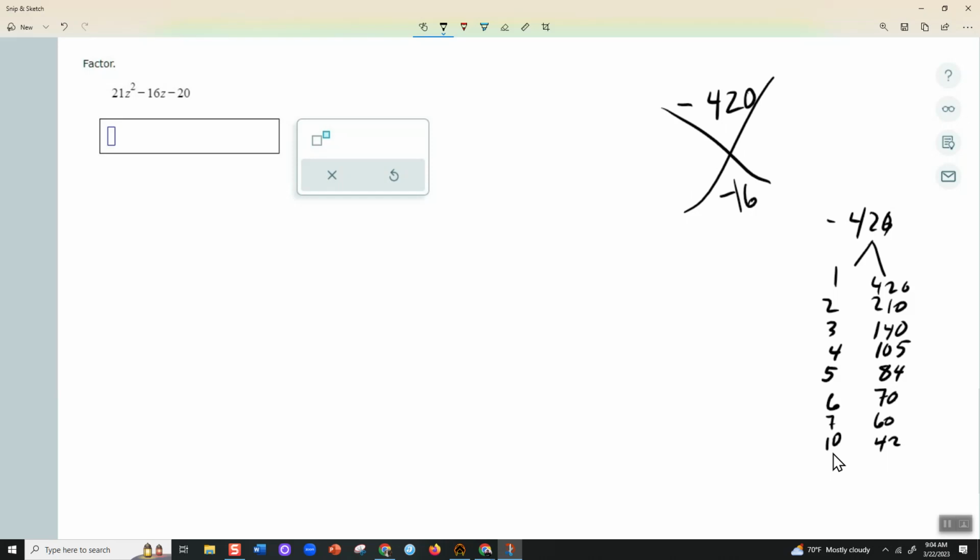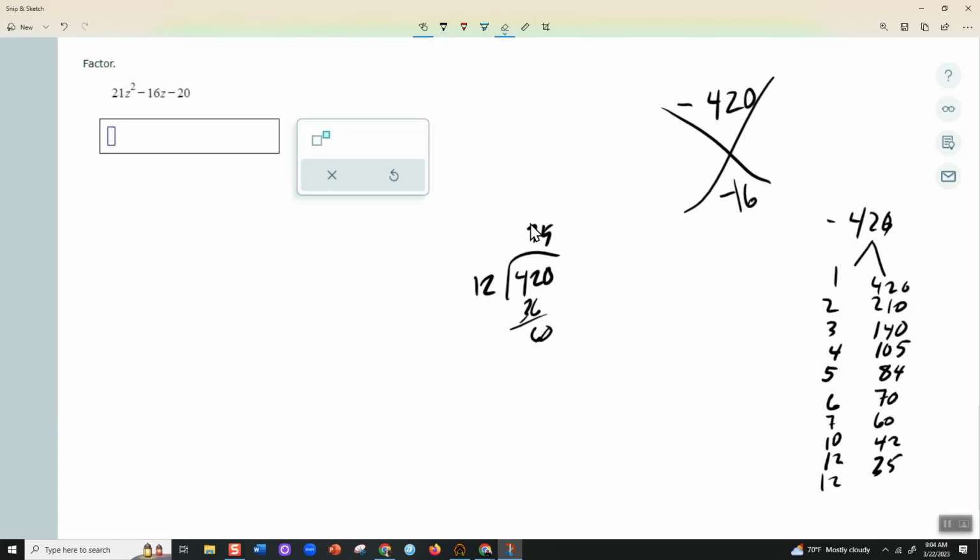No. 12. Yeah, 12 is something. 12 goes into 420 35 times. 12 and 35. That's really close to 16, isn't it?